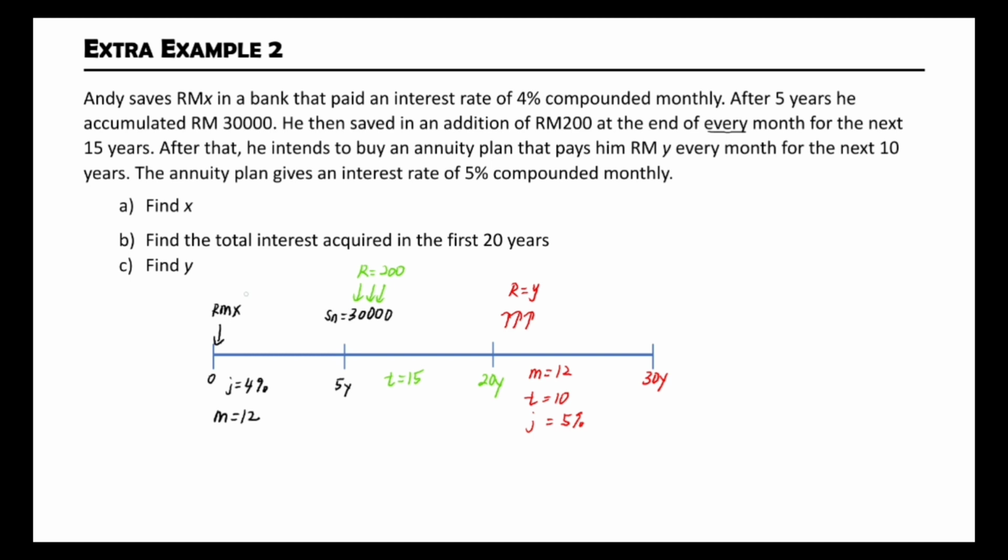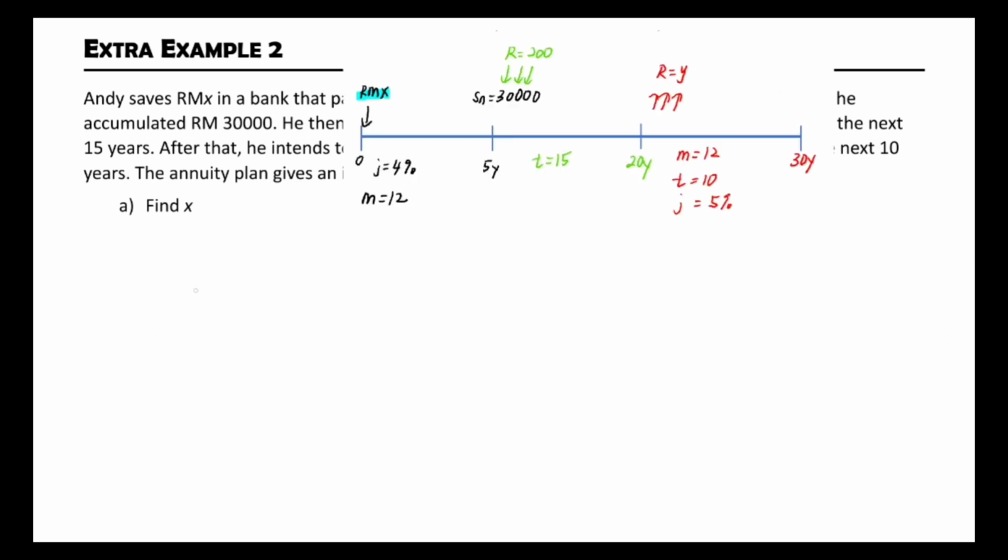Okay, find X. So X is the amount here, the first amount that he put. X is the principal since he does not put X every month or every year. So X is a one-off payment and J is 0.04, M equal to 12, T for 5 years, and the total amount he has in the bank is 30,000.